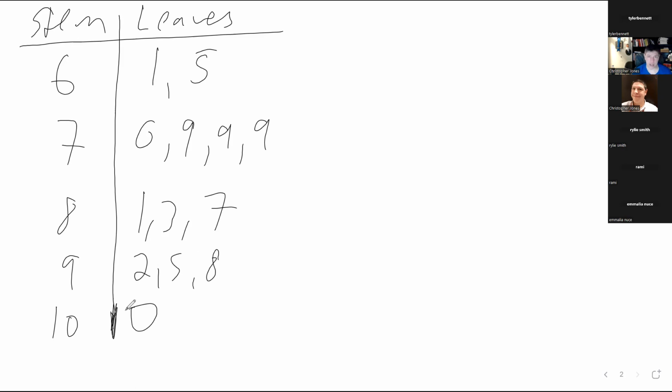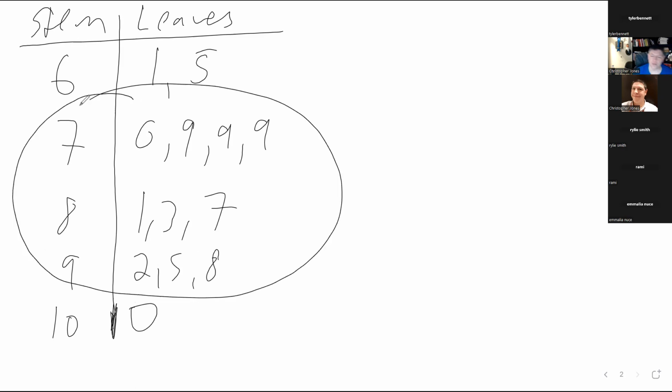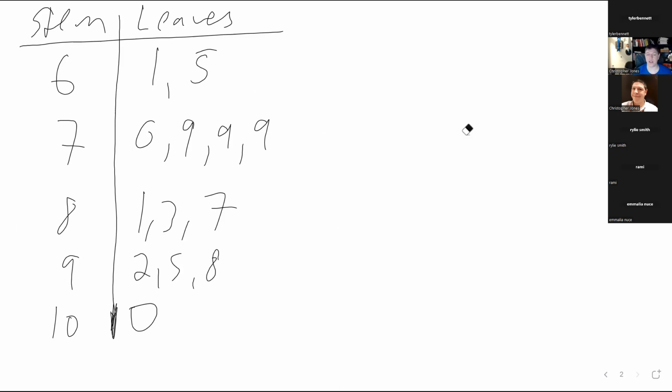It's not as scientific or as accurate. But we can see that the large majority of the data falls between the 70s, 80s, and 90s. There's a few people that got 60s, and there's a person that got 100. From this graph, we can clearly see that the large majority of the observations are between 70 and 90.